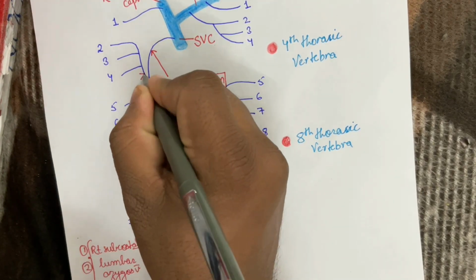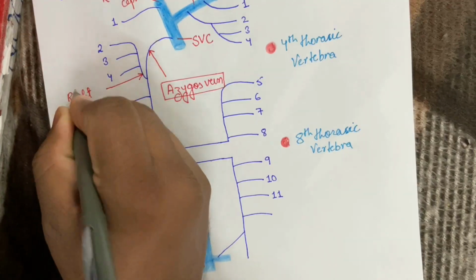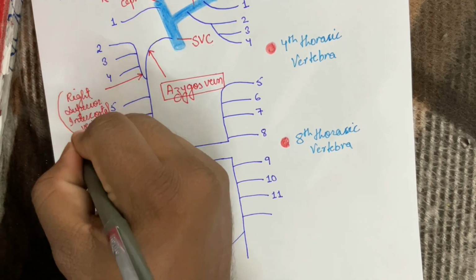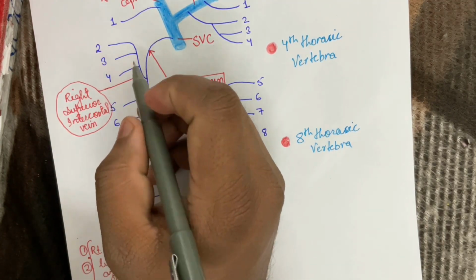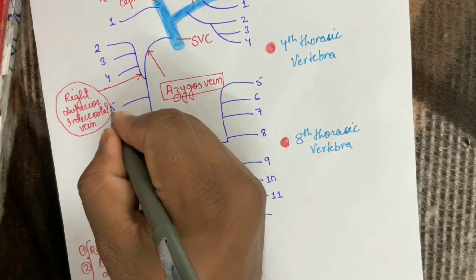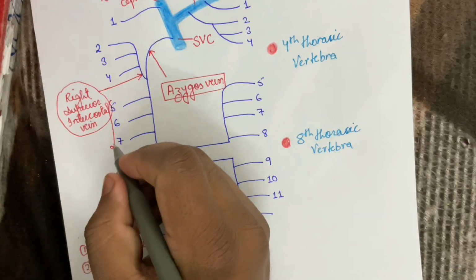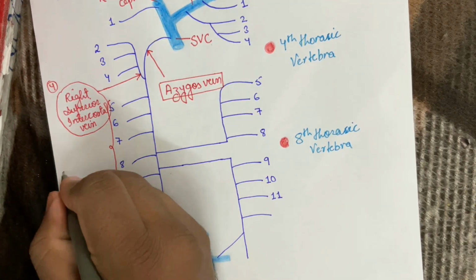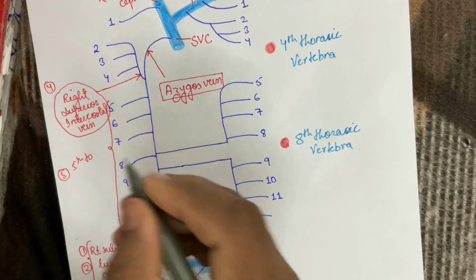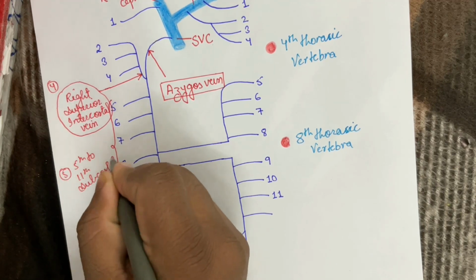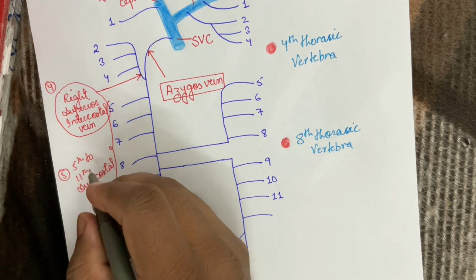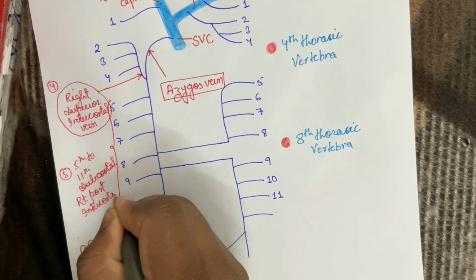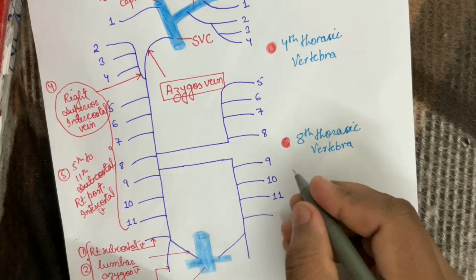The right superior intercostal vein is formed by the 2nd, 3rd and 4th posterior intercostal veins. The second tributary is the 5th to 11th right posterior intercostal veins, along with the subcostal vein. The third tributary is the hemiazygos vein.